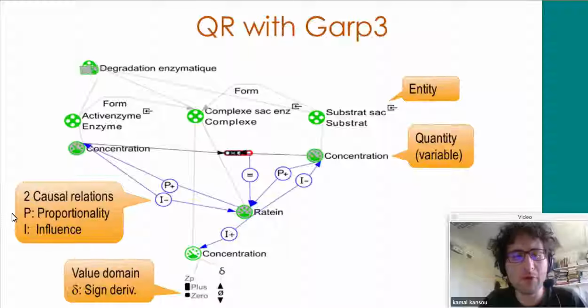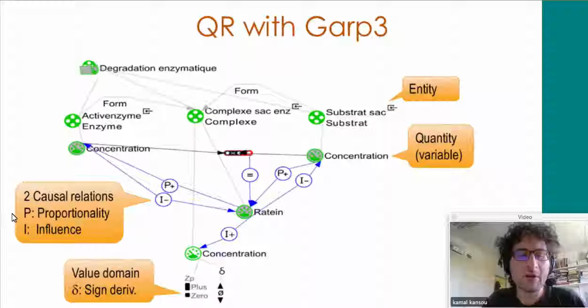This model is a sample of a model about enzymatic reaction, a basic enzymatic reaction, in which the main components are the entities. There are three entities: the enzyme, called active enzyme, the substrate enzyme complex, called here complex, and the substrate.